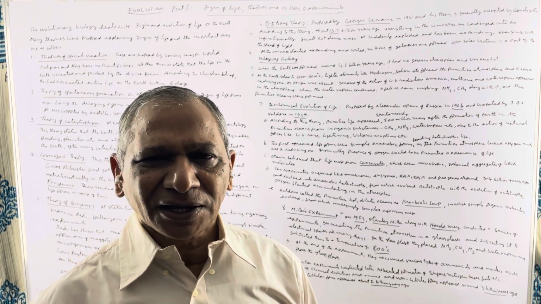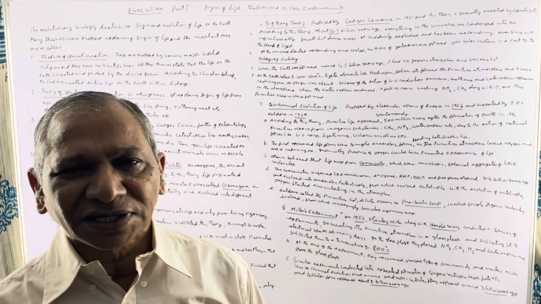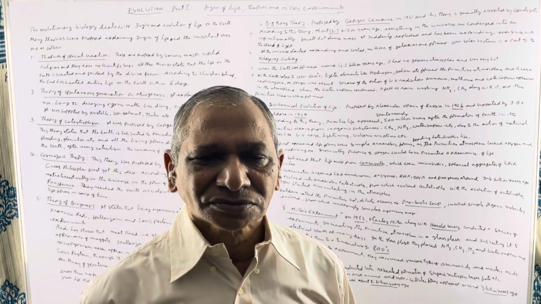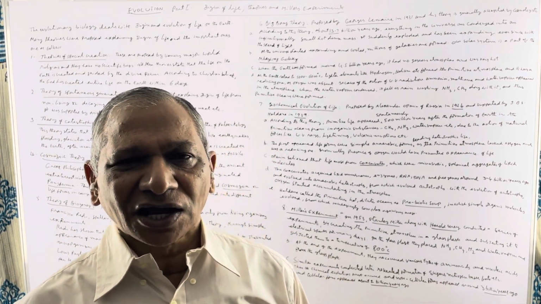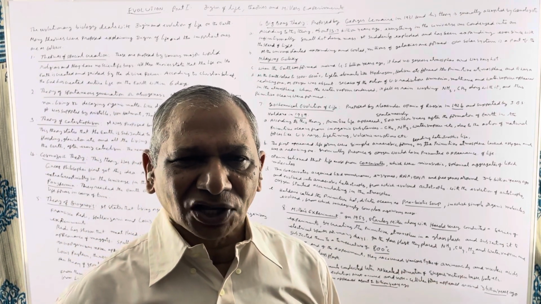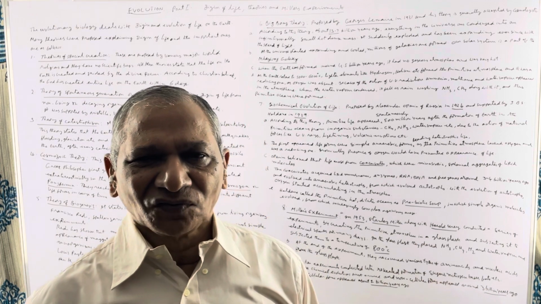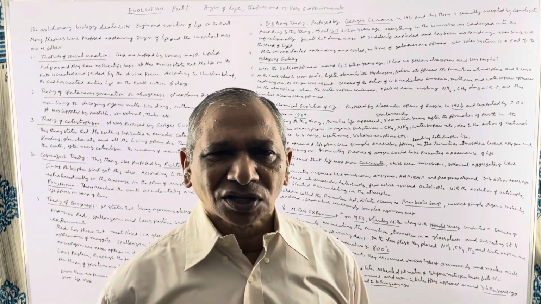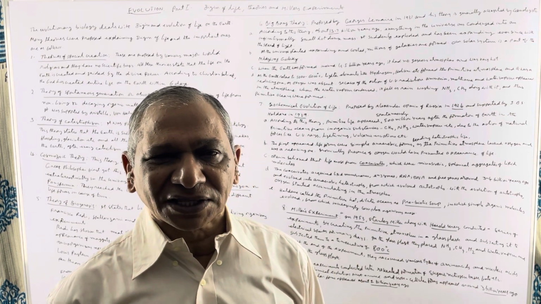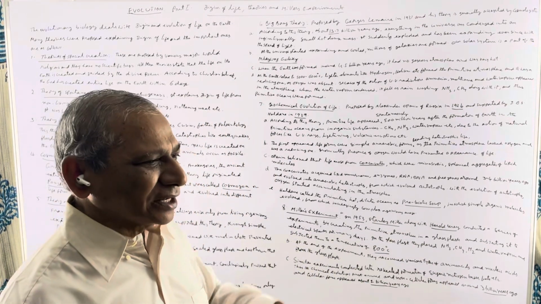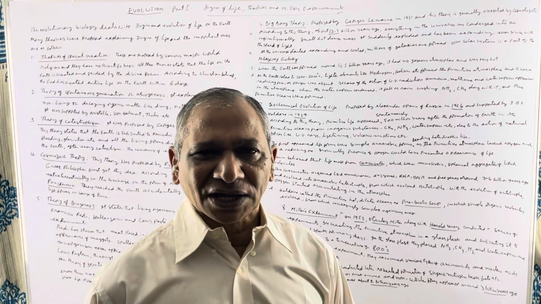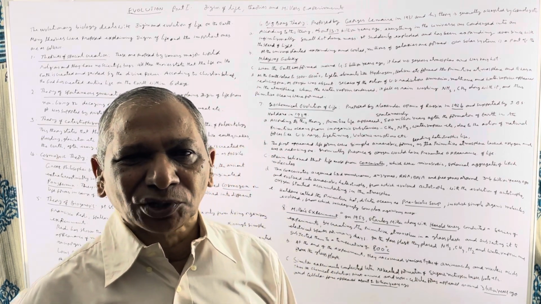The cyanobacteria started releasing oxygen into the atmosphere through photosynthesis. And as oxygen got accumulated in the atmosphere, aerobic forms appeared or evolved on the earth. In this way, first anaerobic forms and later on aerobic forms appeared on the earth as the oxygen got accumulated in the atmosphere. Then, in course of time, all the complex organisms we are seeing today evolved from these primitive organisms.